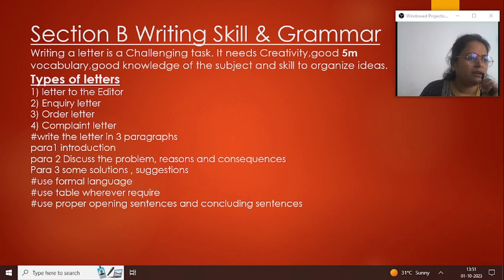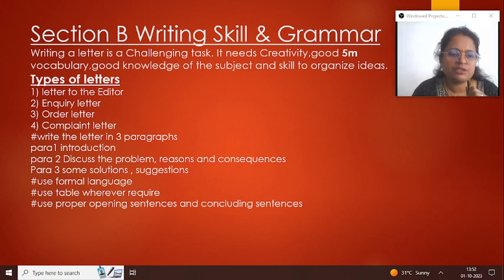If the dumping carriages have been kept in nearby areas, at some distance, or whatever solution comes to your mind, that should be mentioned and included in the concluding sentences. So opening sentences and concluding sentences are very, very essential in letter writing, in all types of letters.